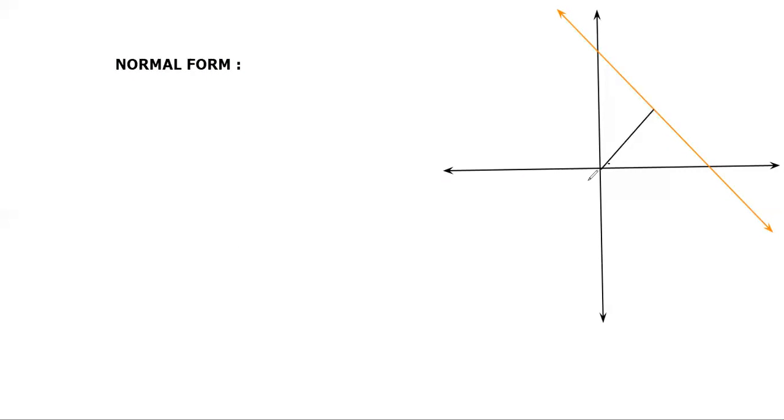So this is origin and this is point P, and we have to find the equation of this line L. When we drop a perpendicular from the origin on the line, this normal will make angle theta with x-axis in the positive direction.